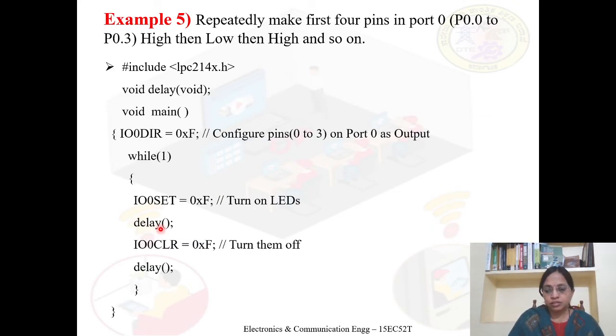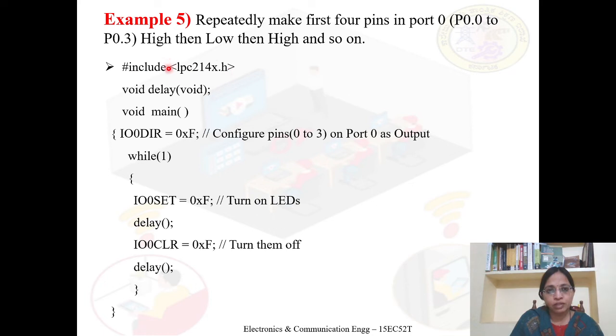Now let us consider one practical example. Here I have to repeatedly make the first 4 pins of port 0 high and then low. Repeatedly I have to make these 4 pins high and low. So how do we write the program? Here we are using the embedded C language. First we have to write the header file #include lpc214x.h.